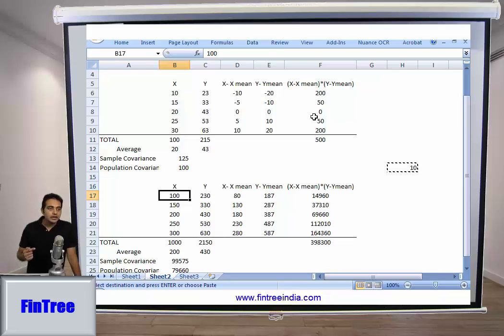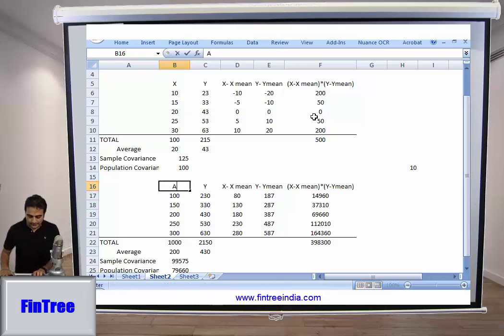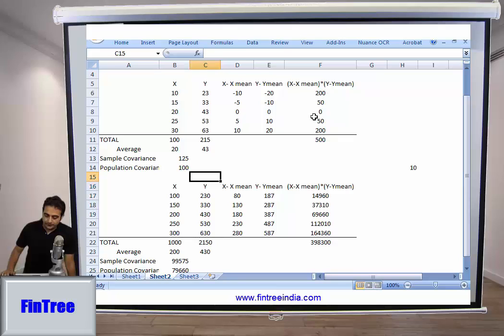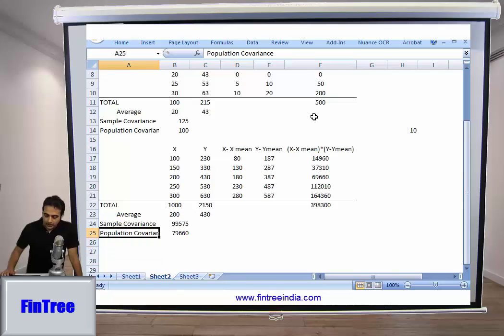They are 10 times the values we had in the previous X. In fact, let them remain as X and Y. If this value was 10, now it is 100. If this value was 23, now it is 230. The calculations are exactly the same. Now what is the covariance that we are getting here?